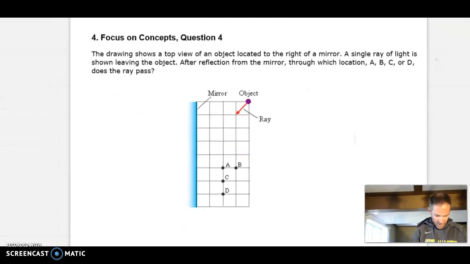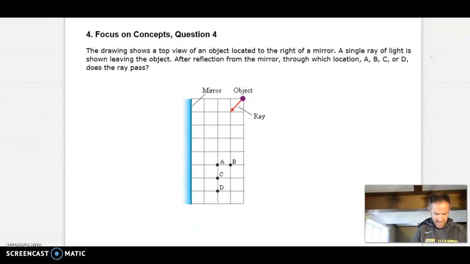Here's a quick little example, and it says that we have an incoming light ray coming off of an object. And so that light ray is going to continue to move in a straight line, and it's going to do this, this, this, this, this. And so it asks, after it reflects, which one of those spots is it going to reflect through?